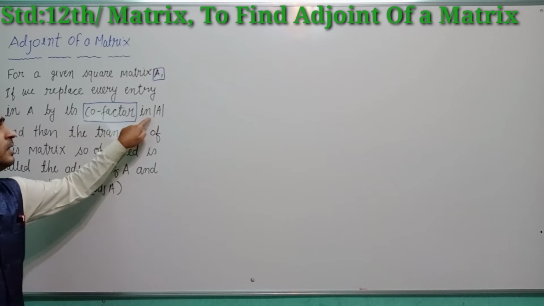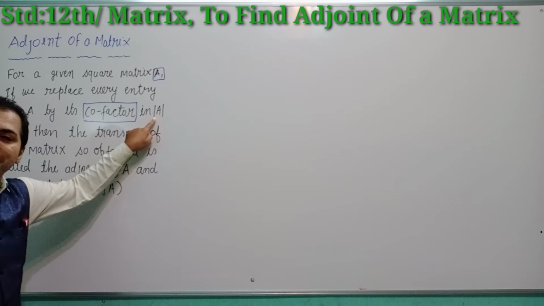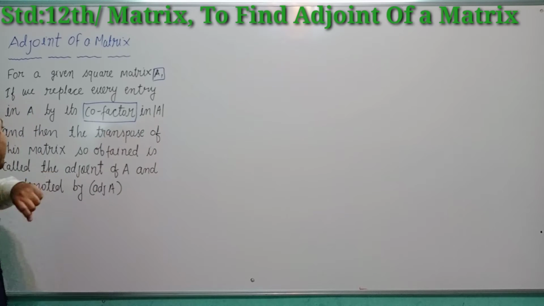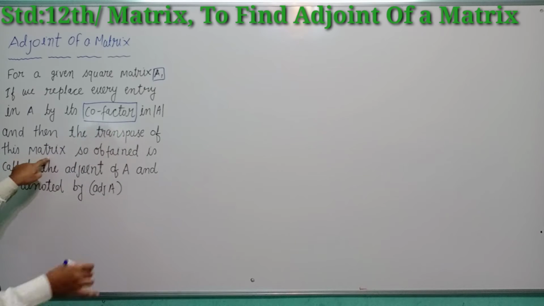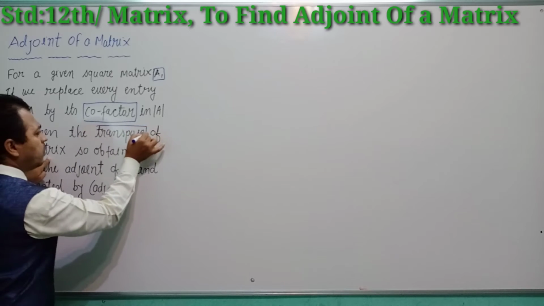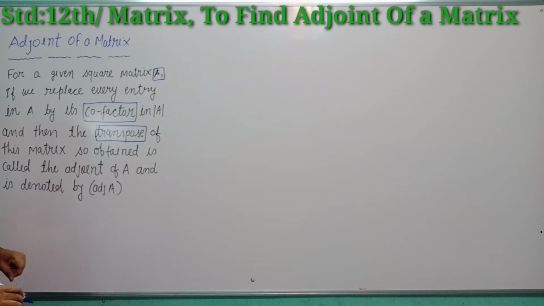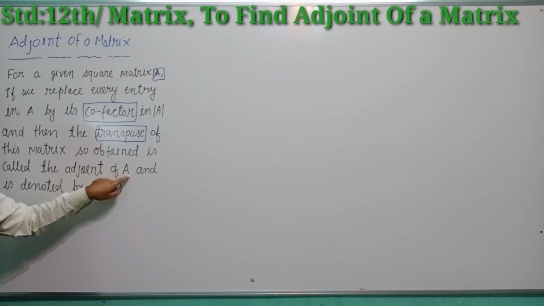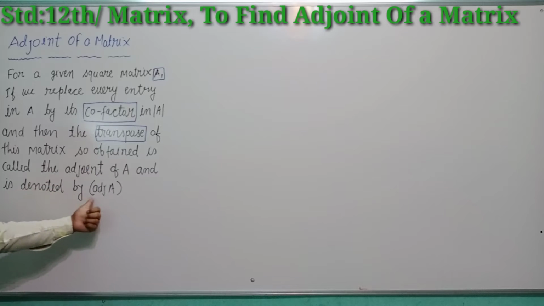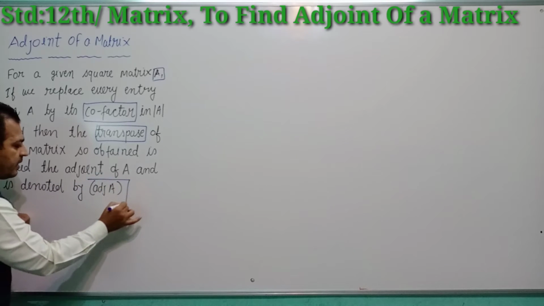Modulus A means the determinant of A. And then the transpose of the matrix so obtained is called the adjoint of A and is denoted by adjoint A.